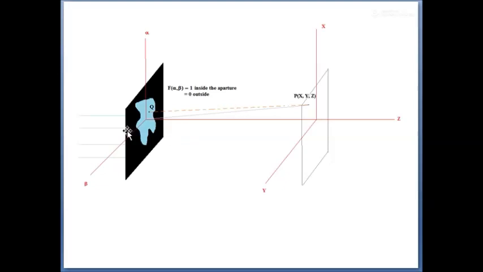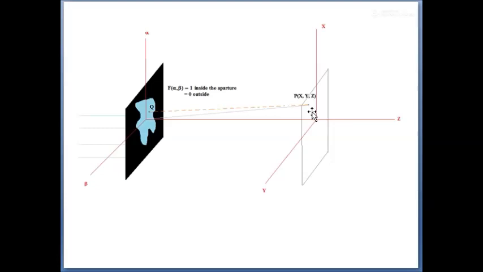Okay, so if the aperture is comparable to the dimension of the screen, then the (x minus alpha) square and (y minus beta) square, both terms will be very less than z.